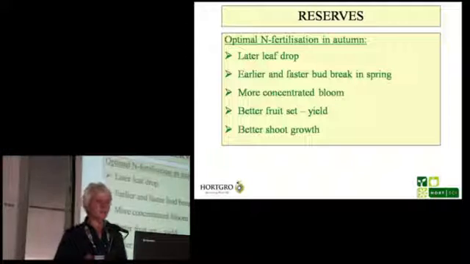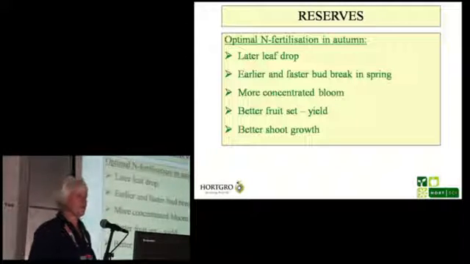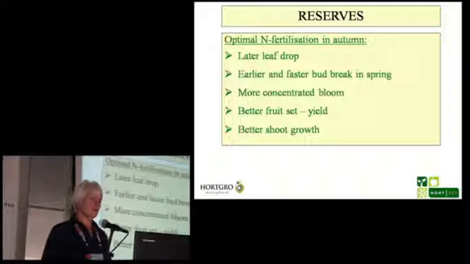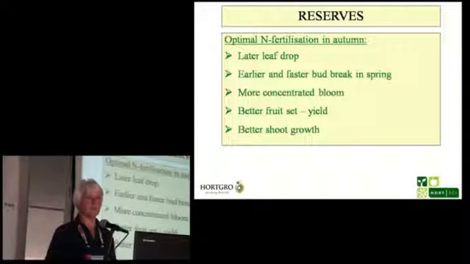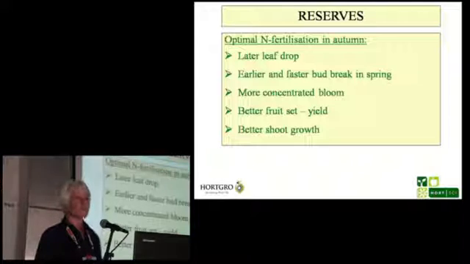Okay, so if we do optimal fertilization in autumn, we should have a slightly later leaf drop. And because of the higher reserve status in the tree, we will normally find earlier and faster bud break in spring, so fewer problems with delayed foliation. A more concentrated bloom, so the blooming period will be shorter.